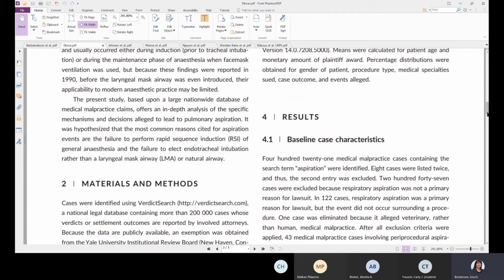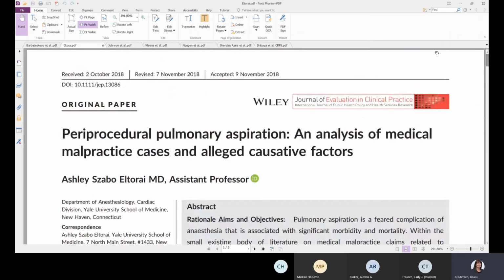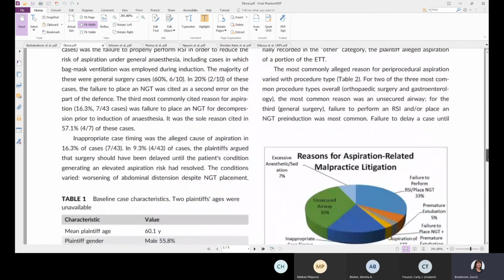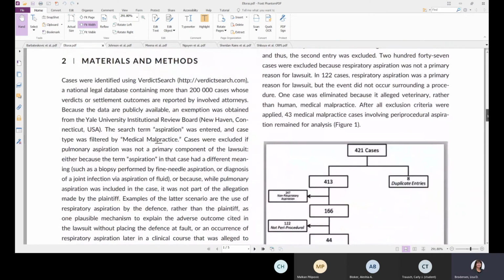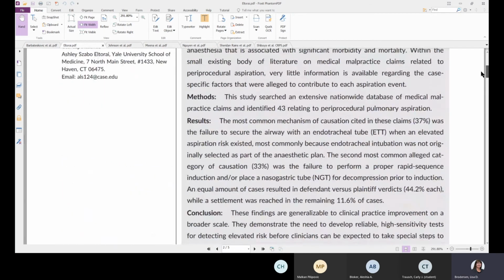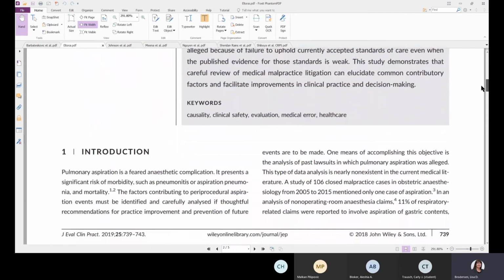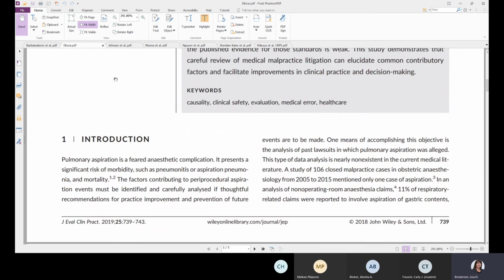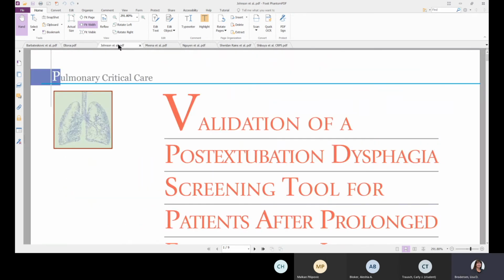If you were making claims about pulmonary aspiration and lawsuits, then you'd find some primary source information in this section. But the reason I'm showing you this article is just to give you some sense of how authors introduce a problem. Okay, then we go to Johnson.